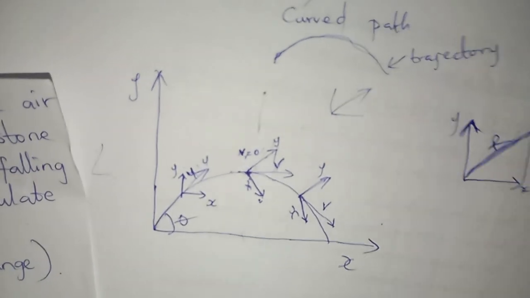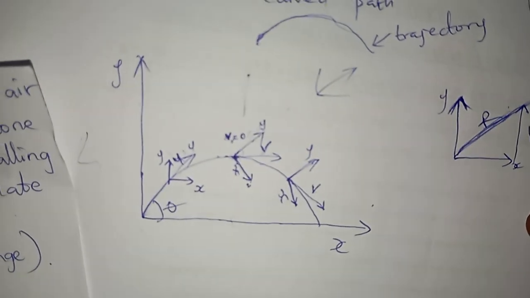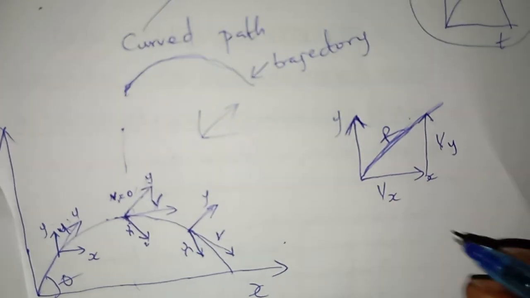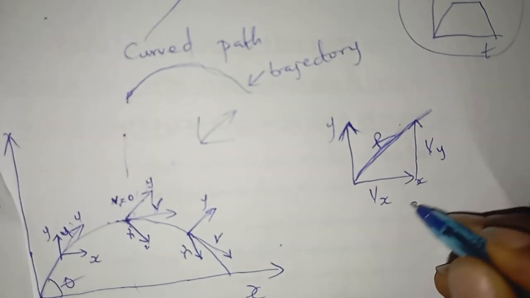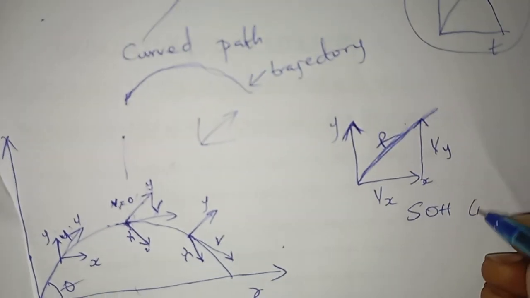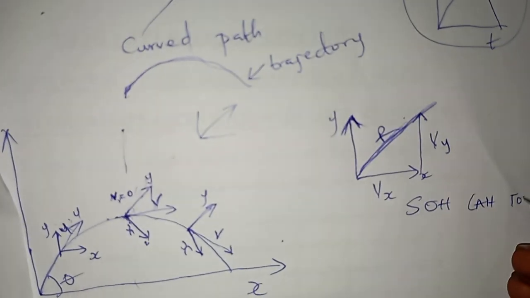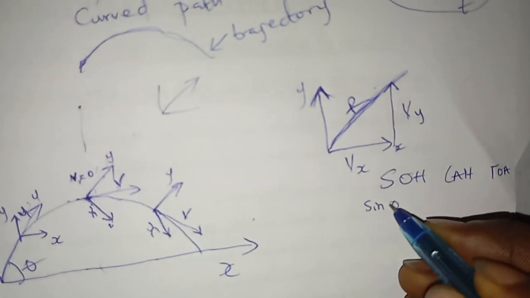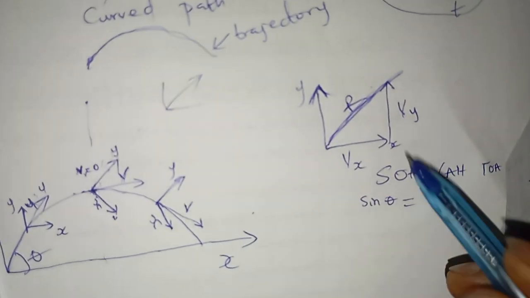So this becomes my resultant, this becomes Vy, this becomes Vx. I can now use SOH CAH TOA. So sine theta equals opposite over hypotenuse.